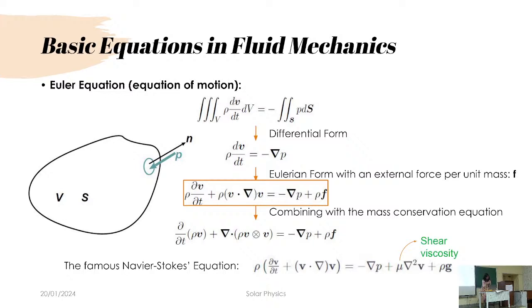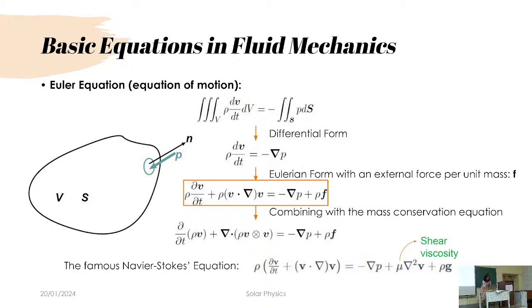Here, rho is the mass density, v is the average velocity, and P is the pressure, and F is some kind of external force per unit mass. If gravity is also in the picture, your acceleration due to gravity g vector is the F vector.